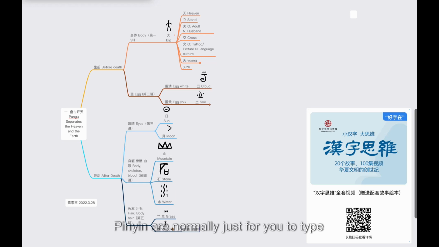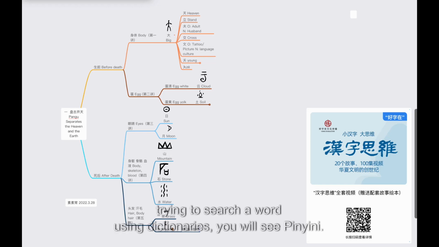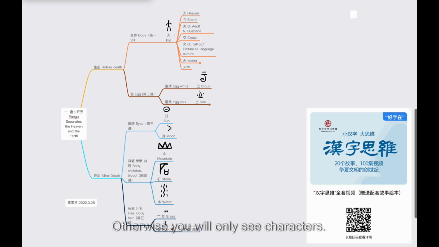Pinyin is normally just for you to type, or when you're searching a word using dictionaries. Otherwise, you will only see characters.